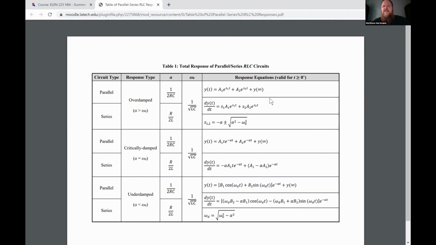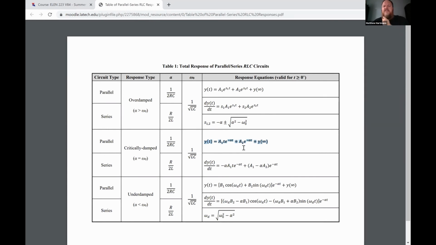But I did not derive the equations for the response of critically damped circuits and underdamped circuits. And the reason I didn't do this is because they're actually the same thing, but just for different circumstances. What I mean by that is if we look at the response for a critically damped circuit, we have a1t e to the minus alpha t plus a2 e to the minus alpha t.